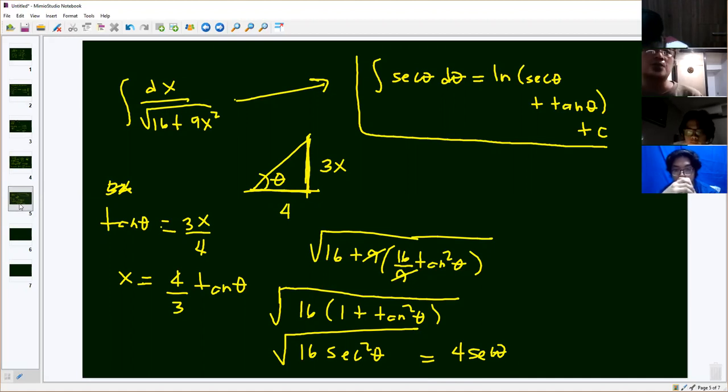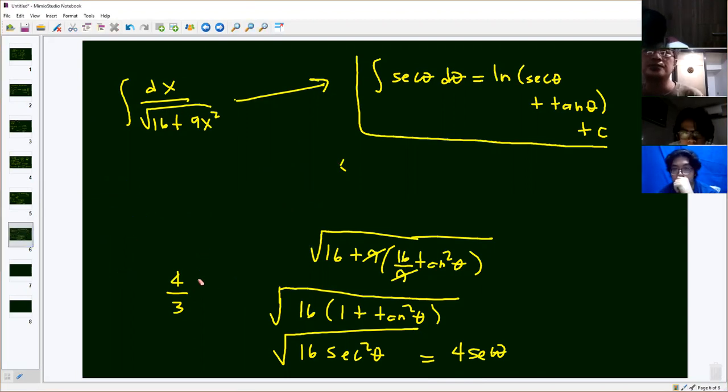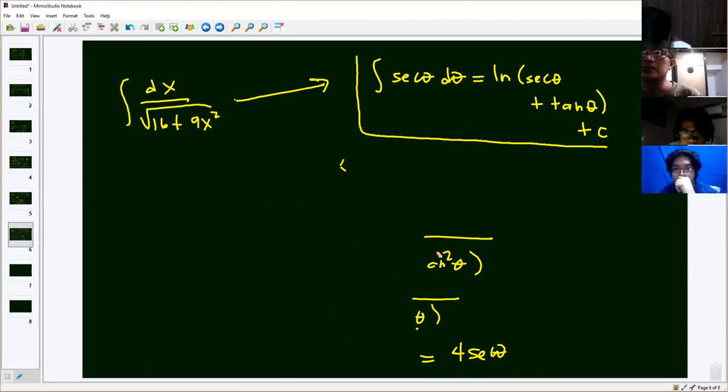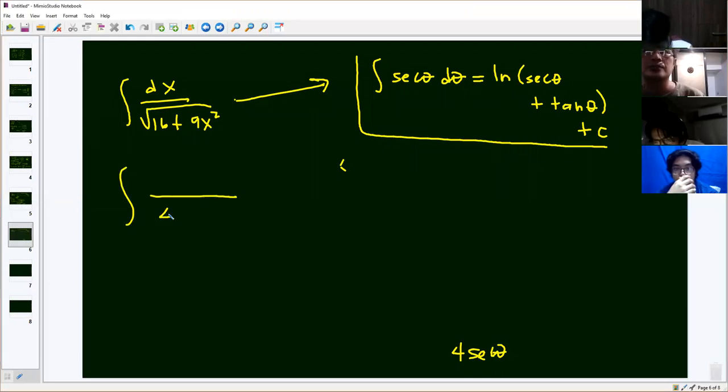So ta-transform lang natin siya slowly. So 4 secant. Yung ilalim, naging 4 secant na. Now, ang kailangan na natin si dx.